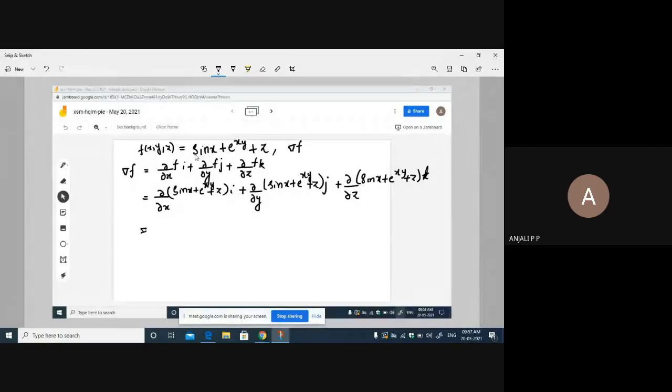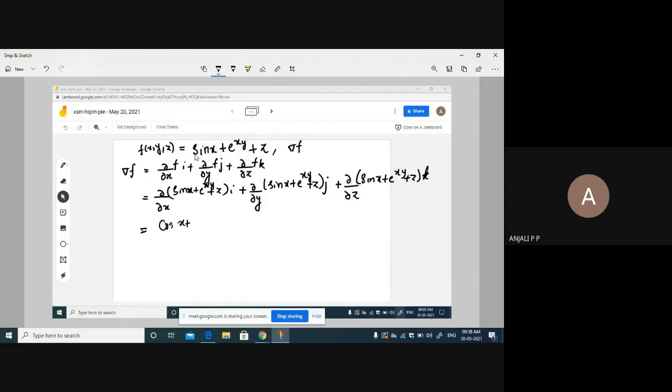what is ∂/∂x of sin x plus e raised to xy plus z? For sin x, you have to consider only the terms containing x. We are differentiating the function with respect to x, so here y and z are constant. The derivative of sin x is cos x, plus e raised to xy.